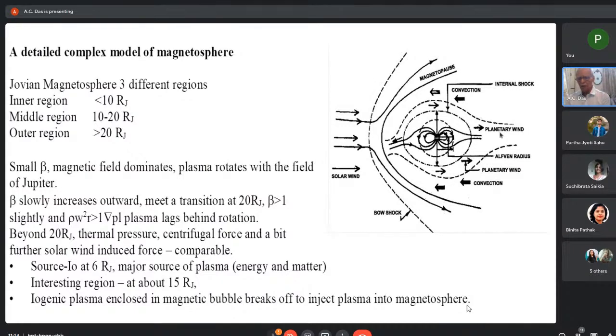Now, this instability is similar to the Rayleigh-Taylor instability, because there you have a gradient plus gravity. Here the gravity is replaced by the force associated with the motion of the plasma along the magnetic field, which we can call the centrifugal force, if you like, or similar to centrifugal force, because it is associated with the plasma motion around the magnetic field, which is circular in nature.